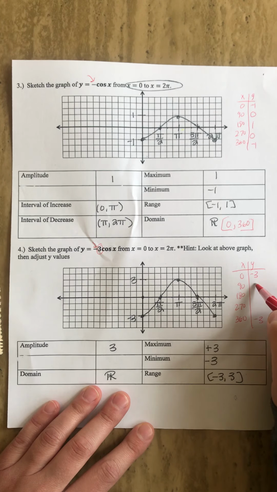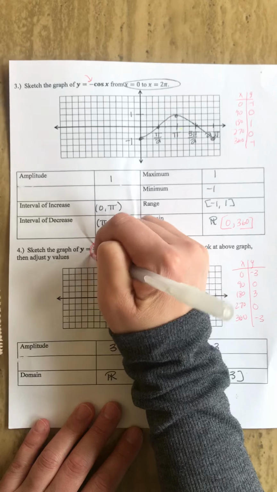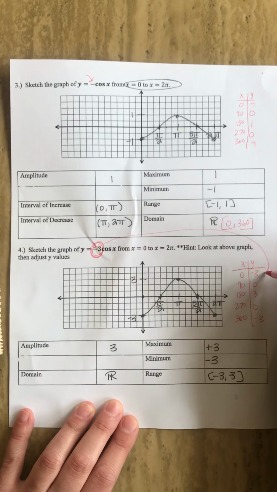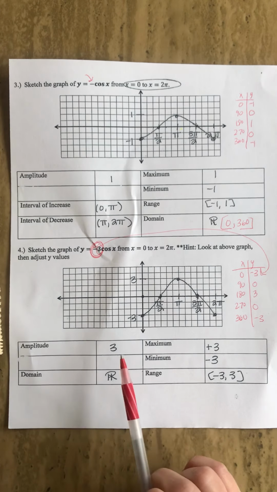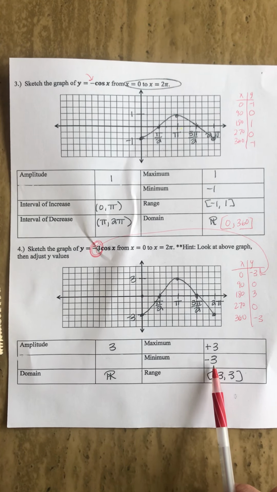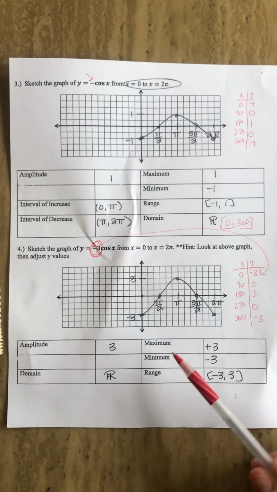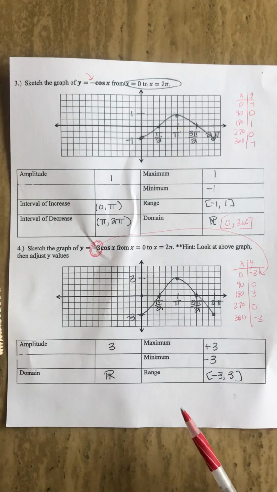You're going to go down to 0, back up to 3, 0, -3. Now this will always be helpful to knowing where to start. You have the amplitude of 3, max 3, your min is -3, your range is from low to high, -3 to 3, and your domain is all reals.